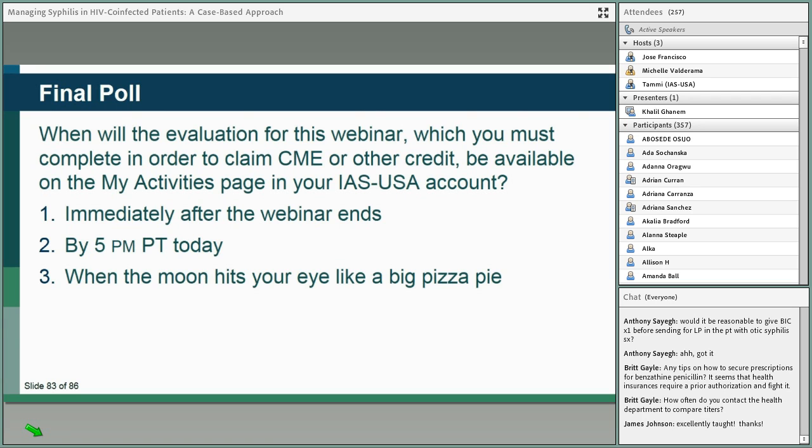So another great question. If the RPR is 1 to 16 today, but the patient is not treated until a week later, do you get another RPR? And the answer is yes. Get another RPR. Try to get the RPR on the same day as treatment, because it's useful when you want to follow these RPRs over time.